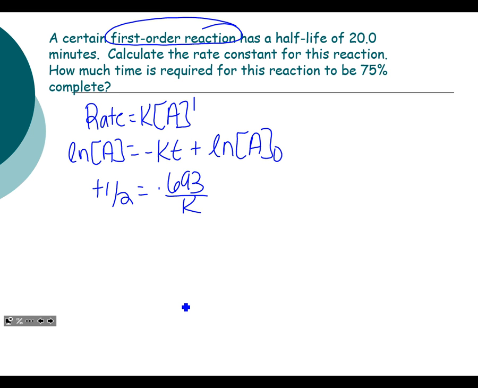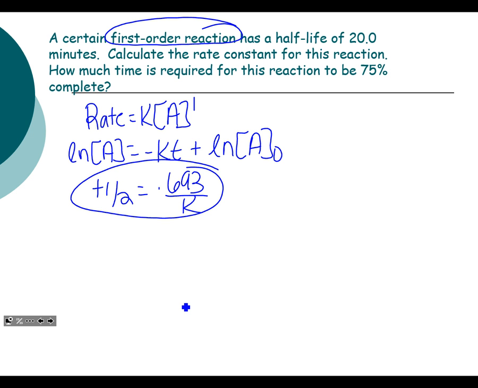Okay, it has a half-life of 20 minutes. Calculate the rate constant for this reaction and how much time is required for this reaction to be 75% complete. Okay, so I need the rate constant first, and they've given me the half-life, so that's my go-to equation to use there.